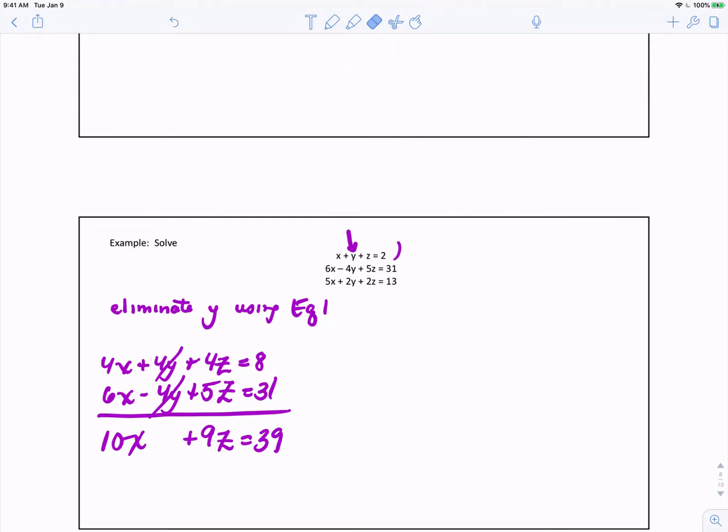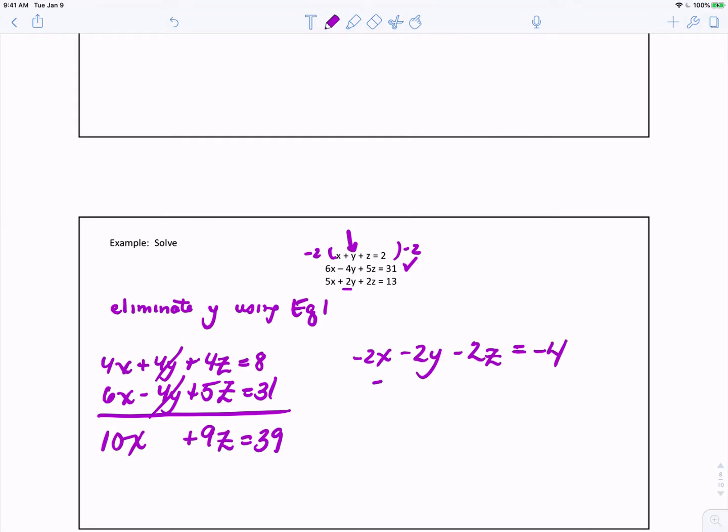All right, so far I have done the second equation. Now I want to do the same thing to the third equation. So notice that here I have a positive 2. So what I would like is to use a negative 2 to eliminate it. So I'm going to multiply both sides of this first equation by negative 2. That gives me negative 2x minus 2y minus 2z is equal to negative 4.